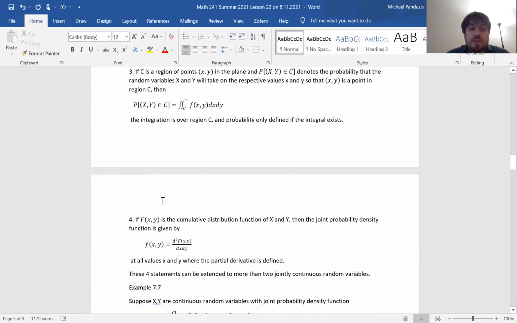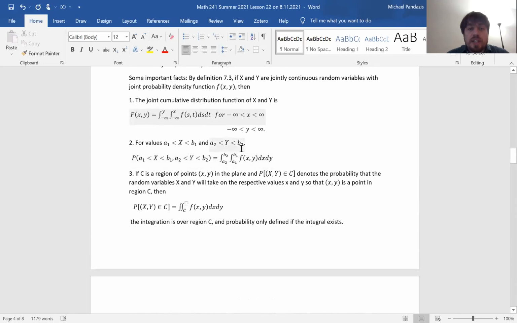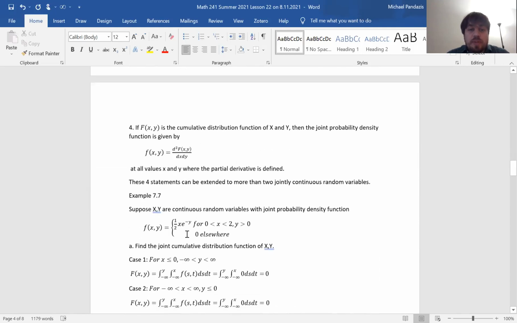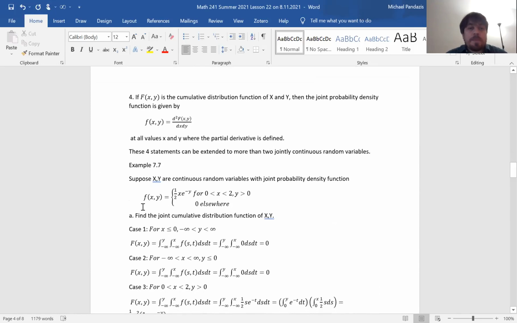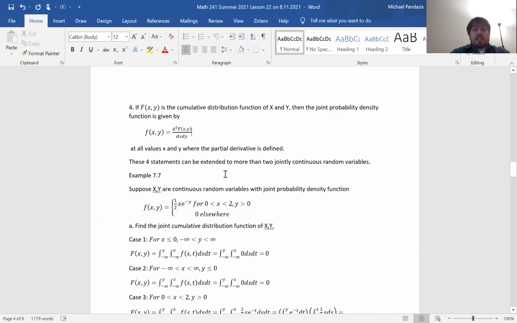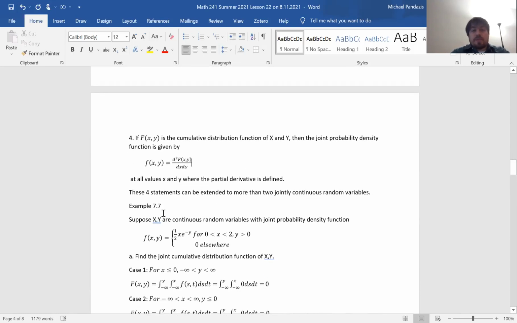We have to change the number of integrals and how many times we take the derivative. With minor changes that are hopefully obvious, you can extend these statements to any number of continuous random variables. Okay. They have to be jointly continuous.